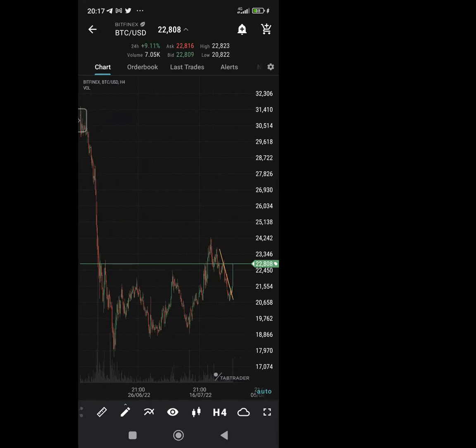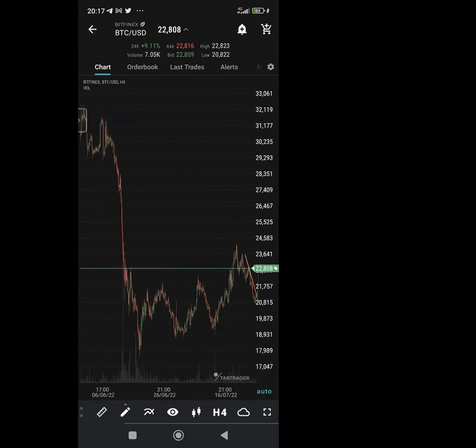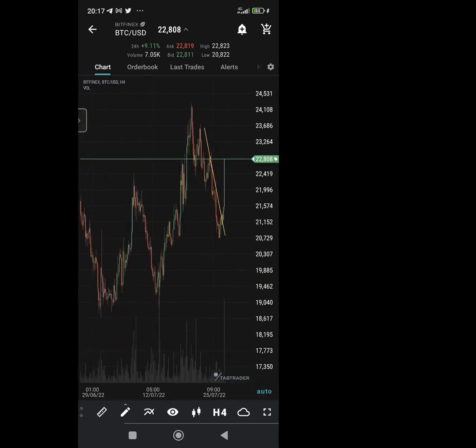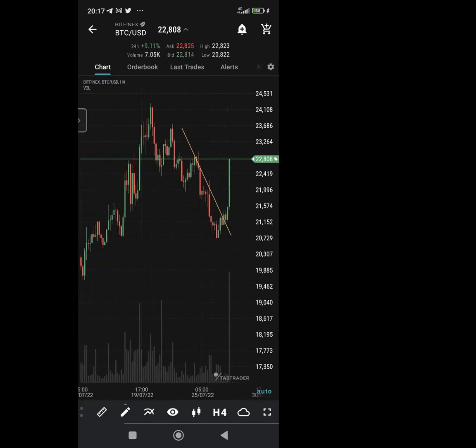Let's say, for example, right now, you can see a long green candle that is formed here. That candle is telling you that buyers are more than the sellers in the market. So what happens? Because there is much demand, price is going up.